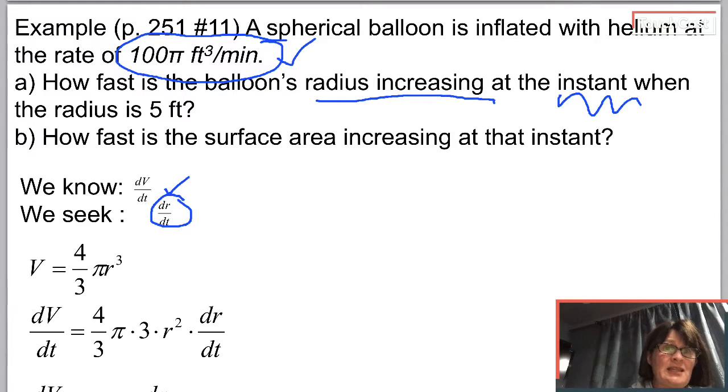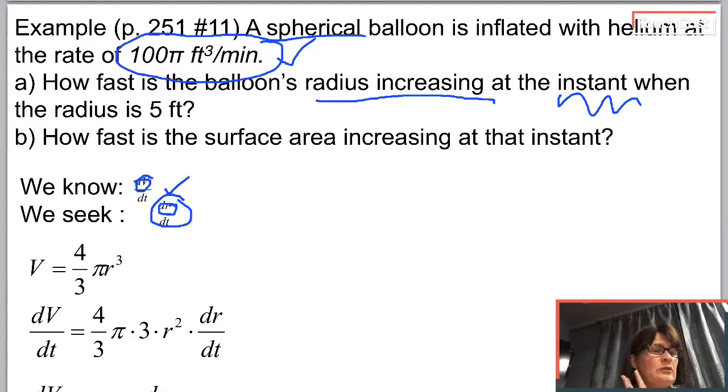My next step is to think not about how dV/dt is related to dr/dt, but of any way that I can to relate V and r. Well, that's supposed to be the easy part here. We know a formula for a sphere. We've been told the balloon is spherical. We know a formula for the volume of a sphere that contains r as its variable. So that's what we're going to use. V is 4/3 pi r cubed.